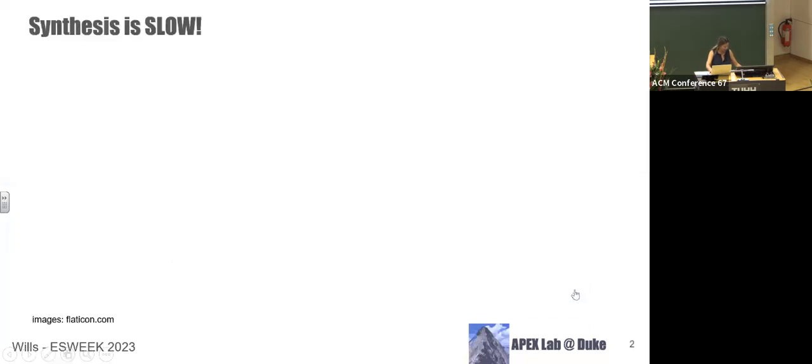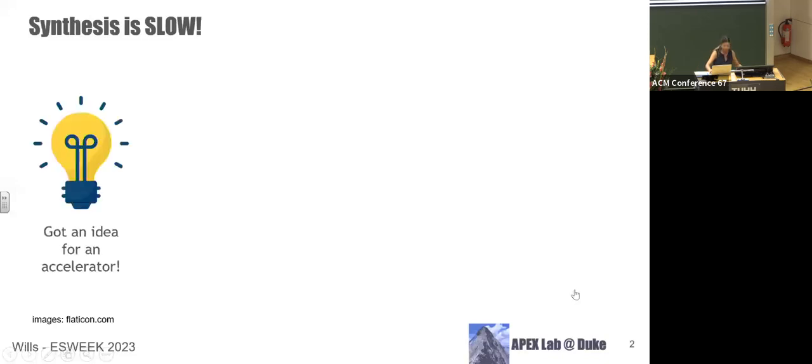Okay, so the main motivation for using deep learning to expedite the hardware architecture design process is that synthesis is slow. So let's look at one example. Let's say we have an idea of an accelerator, and we want to figure out the best design for the workloads that we care about.